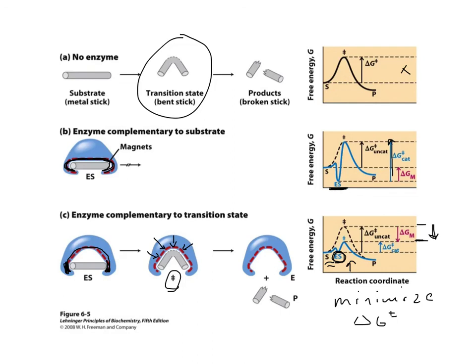So this is just another way of thinking about it. We have a picture where for an enzyme to be an effective catalyst, it needs to bind to the substrate, but not too very well, to really stabilize the transition state, to lower its energy and achieve a minimal delta G double dagger.